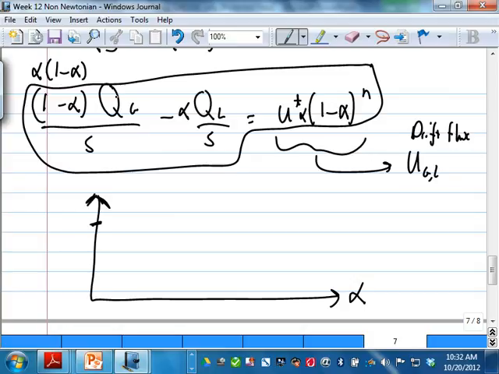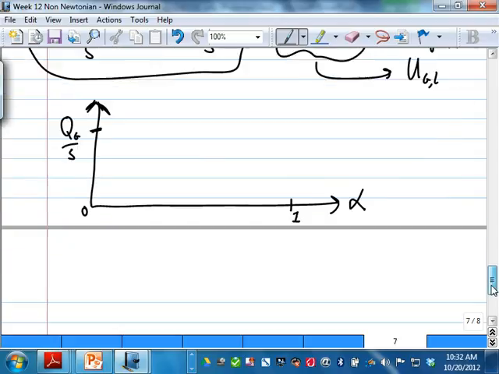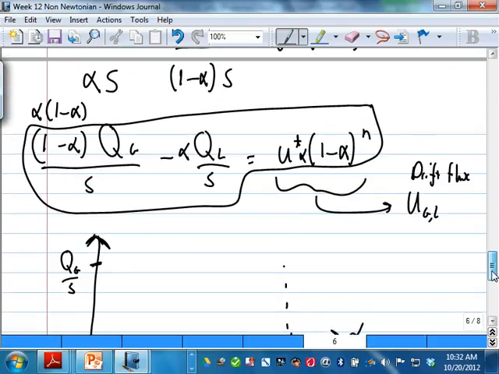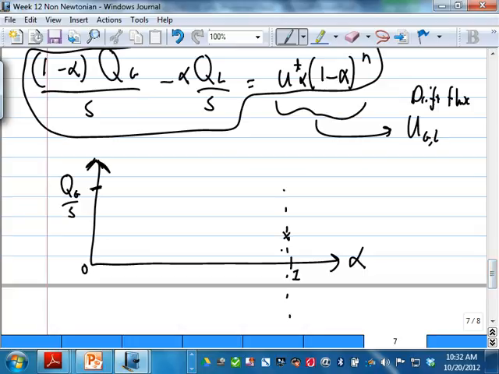But this is essentially when alpha is 0, this is just Qg over S. Is that right? When alpha is 1, this value here could be positive or negative. Let's just consider positive for now.